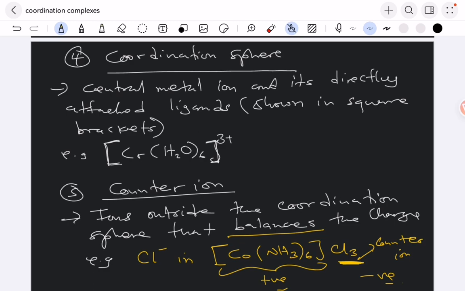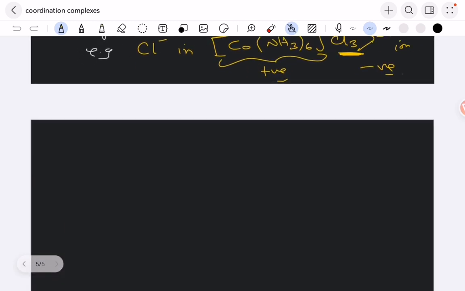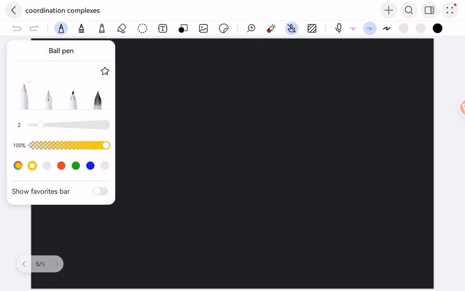Now, after having knowledge about these 4 important terms that I have described, we can go in depth to try and understand the types of ligands.